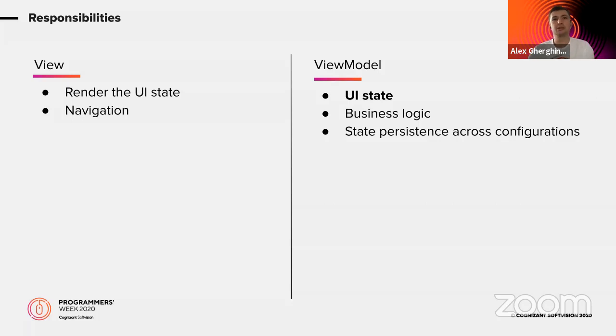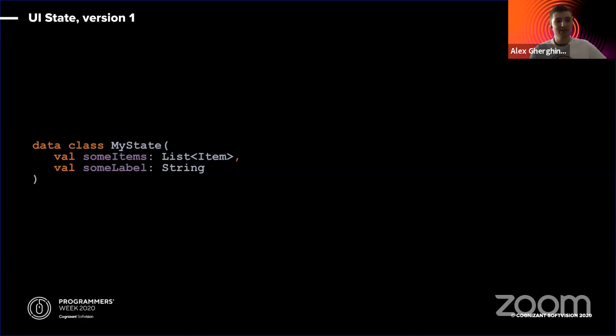But in the next slides, we'll keep focusing on that state, because talking about all of this will likely take more time. Let's take a simple example in which the view needs to display some items and a little label.